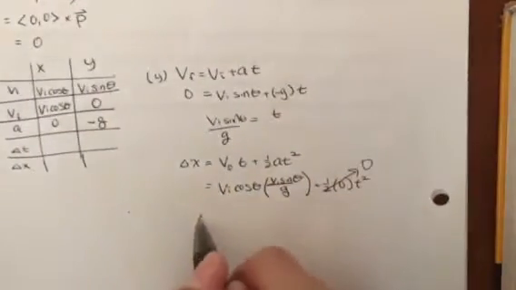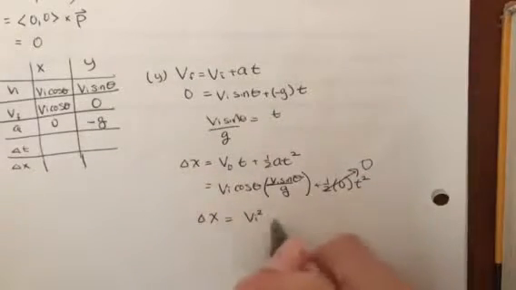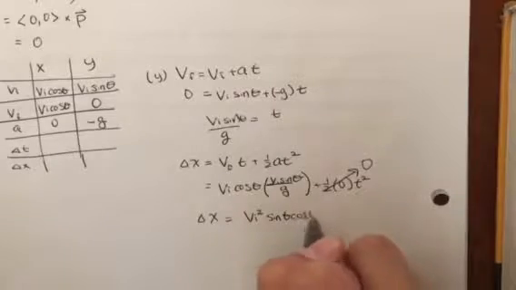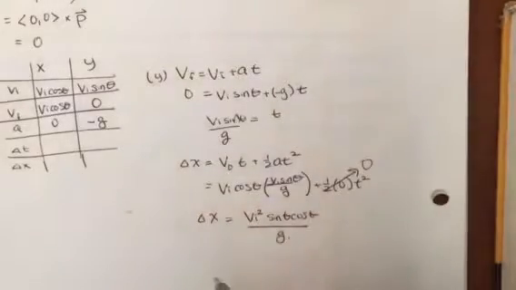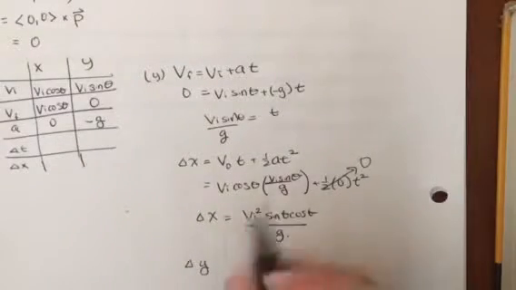So then, you know your displacement in the x direction is going to be vi squared sine theta cosine theta over g.